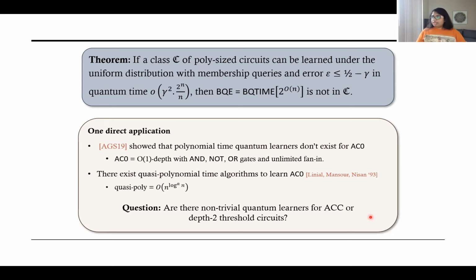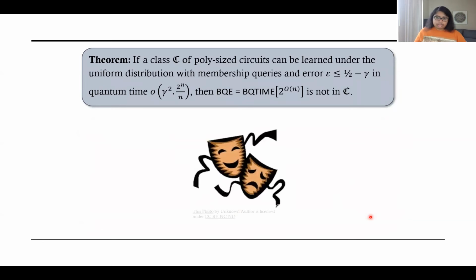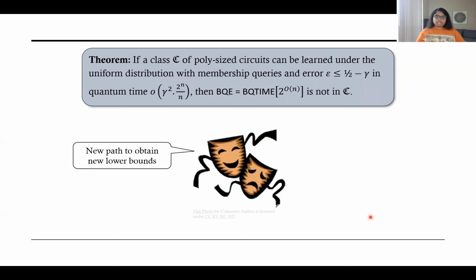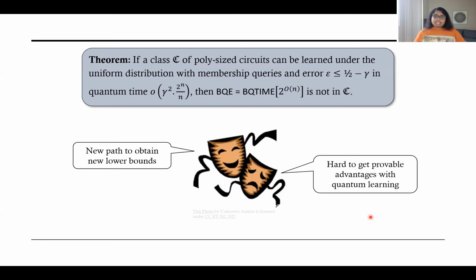But in general, I would say that there are always two ways to interpret this, as with everything in life. If you're feeling very optimistic, then you're going to be happy that there are new paths to prove circuit lower bounds, and that you can maybe develop these techniques and show more results and help us understand quantum complexity classes better. But maybe you woke up on the wrong side of the bed, you're not feeling very optimistic, then essentially this is telling you that there is some evidence that even getting provable advantages for quantum learning algorithms is difficult.